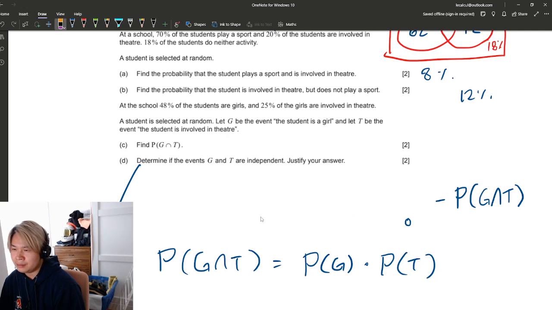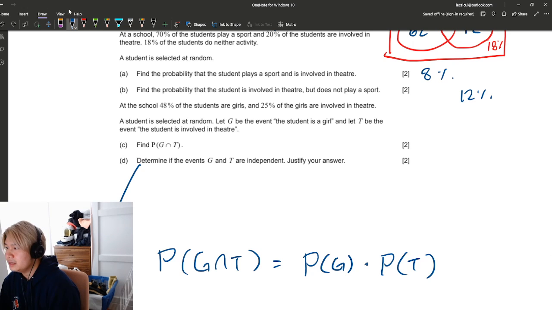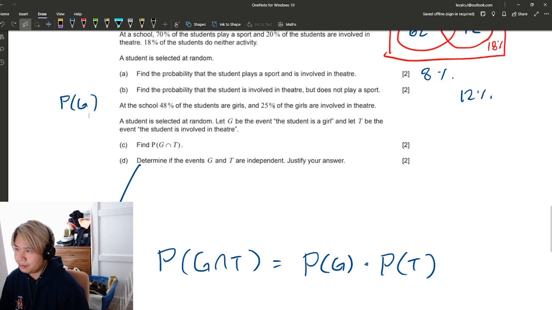Like I said, you're getting what you pay for. So this is the probability of being a girl. Now this says 25% of the girls are involved in theater. So you already know that they are girls. And this is the probability that they're in theater.